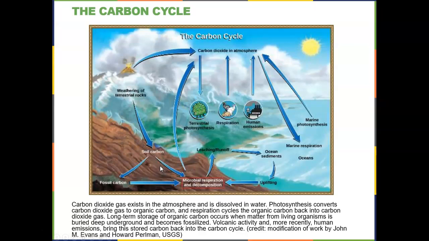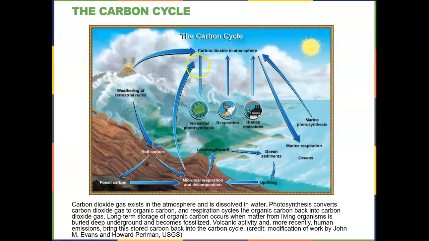So we can find, as I said, the carbon in the atmosphere or in the soil. All organic molecules contain carbon. So all these living things, whether they be plants or animals, are going to need to have carbon available to them.